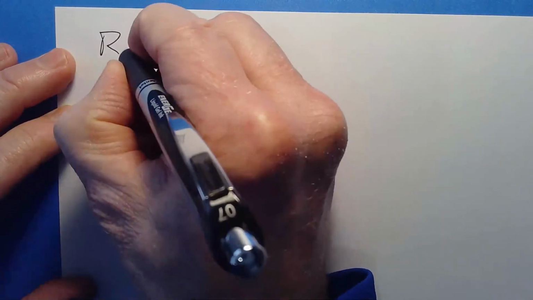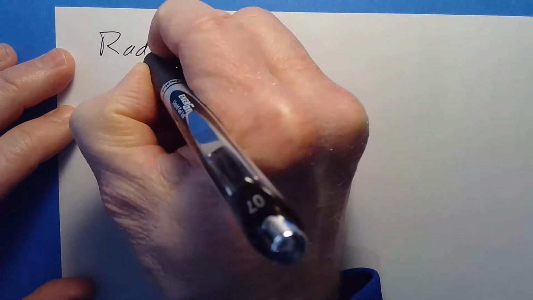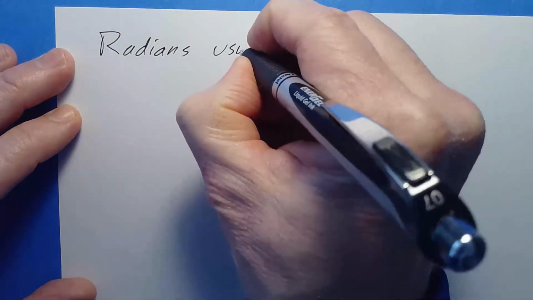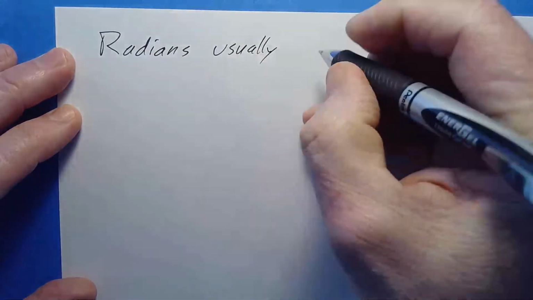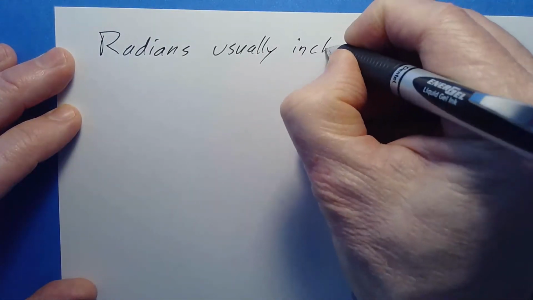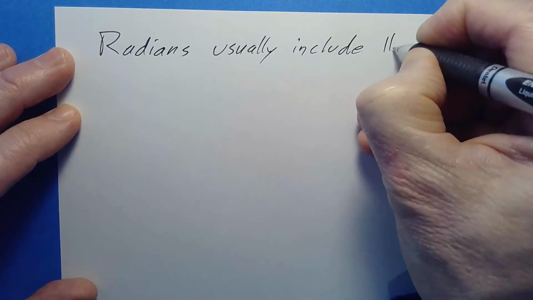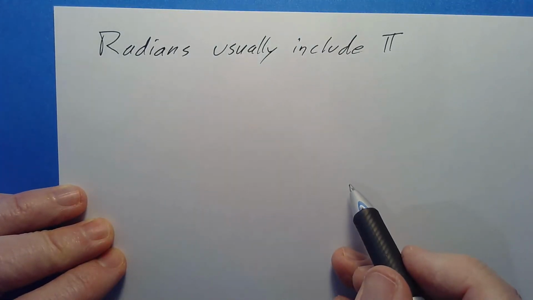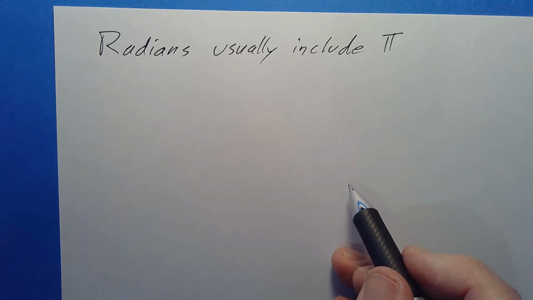It turns out more often, it just kind of works out this way, that radians usually include pi. When we're talking radians, usually they're going to include pi in how we specify them.